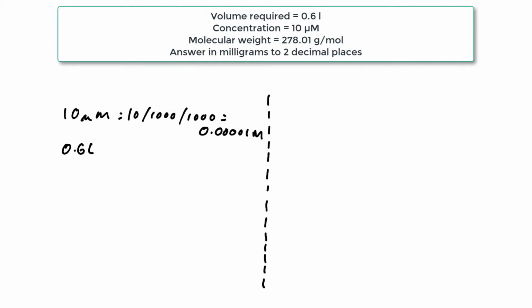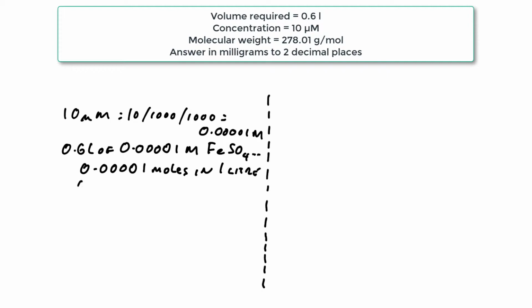Now, in the solution we're trying to make up, we've got 0.6 of a litre, and it's this 0.6 of a litre which will contain this 0.00001 molar of iron sulfate. Now, if we had 1 litre of this solution, we would in fact have 0.00001 moles.